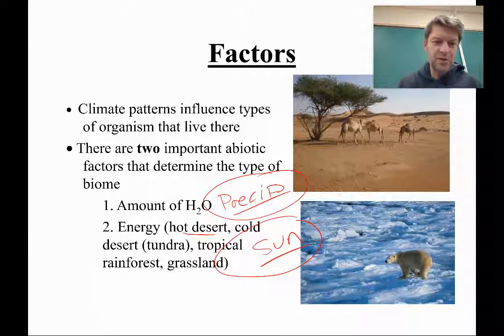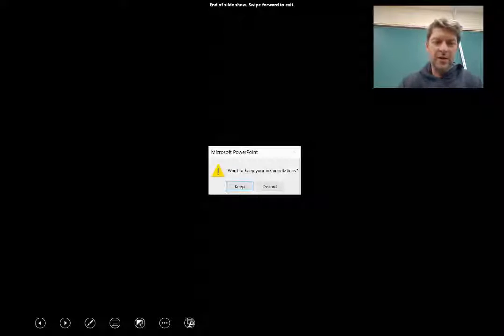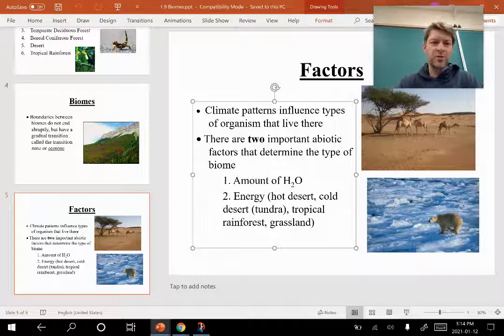The right amount of both, and you get the most biodiverse biomes in the world, and that would be your tropical rainforest. There's so much living matter in them. It's amazing. So that's just a very quick lesson on biomes in general.